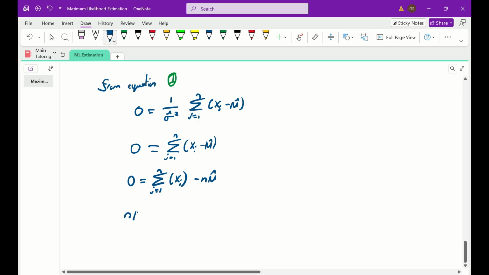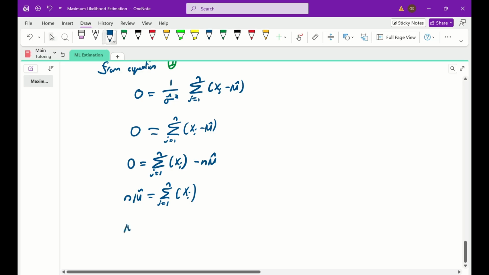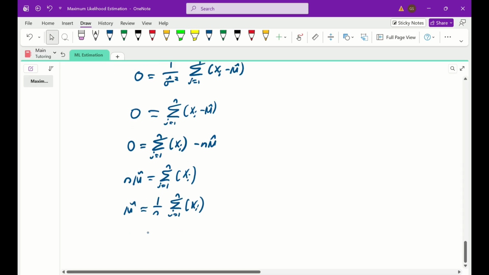So n mu hat is equal to the sum j equals 1 to n of xj, which then implies that mu hat is equal to 1 over n, sum j equals 1 to n of xj, which you might recall is just equal to the sample mean.